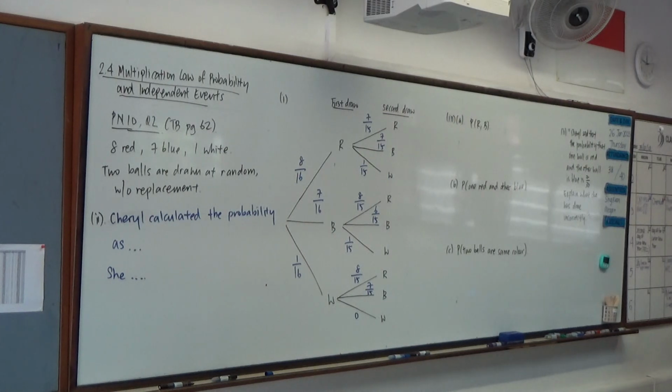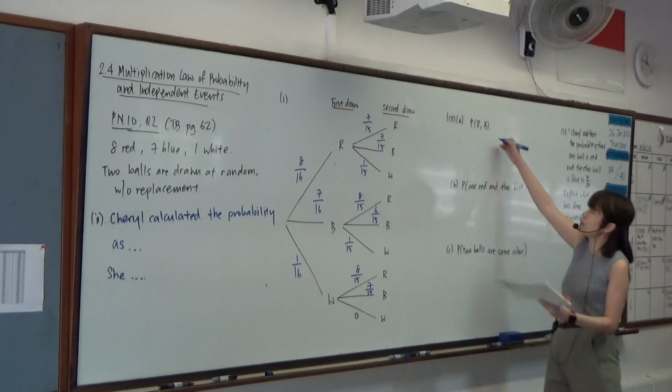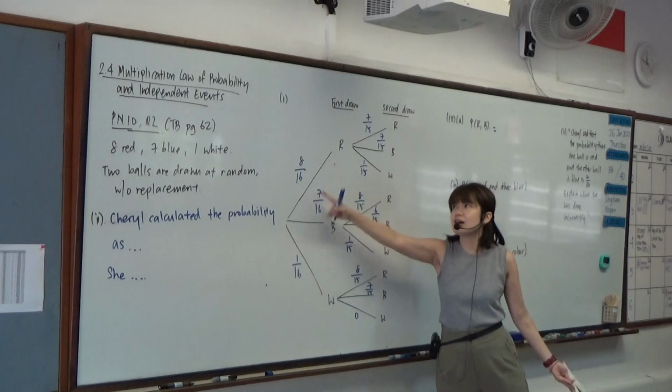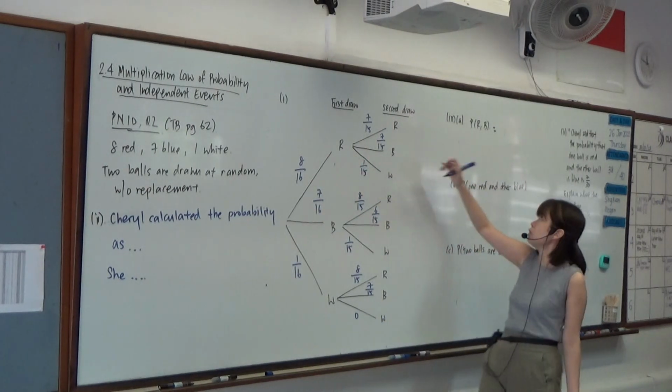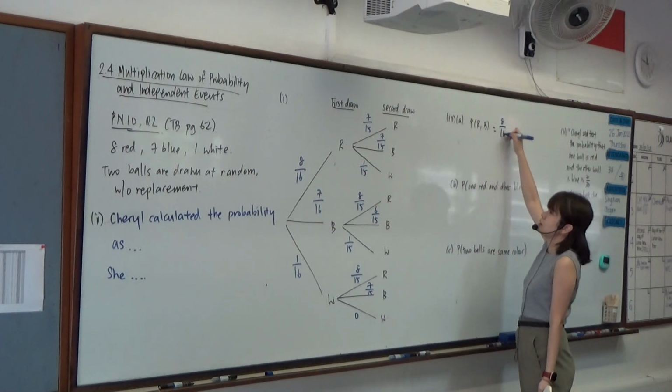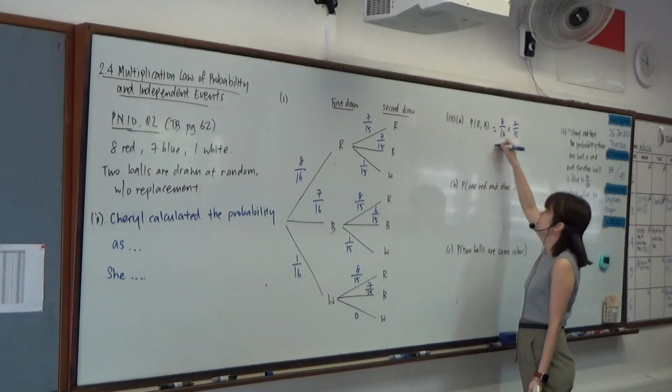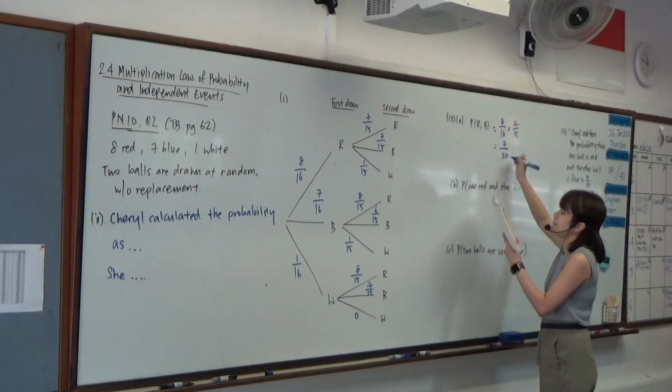What's your answer? 7 out of 30, okay, so we get 7 out of 30 by following the path. First ball red, second ball blue, 8 over 16 times 7 over 15, so we get 7 out of 30.